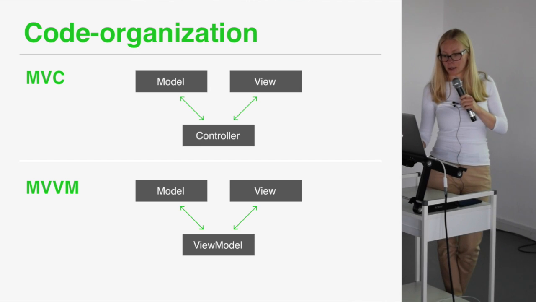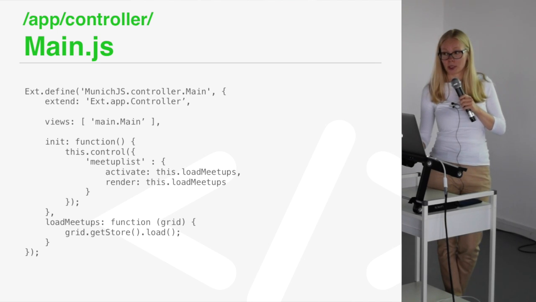Okay, and the last part of the MVC pattern, the controller. For our application, we need only one controller that will load the meetup store when the meetup list is rendered. So in the controller class definition, we just tell what class should be handled by this controller and what event of what component should be listened to.